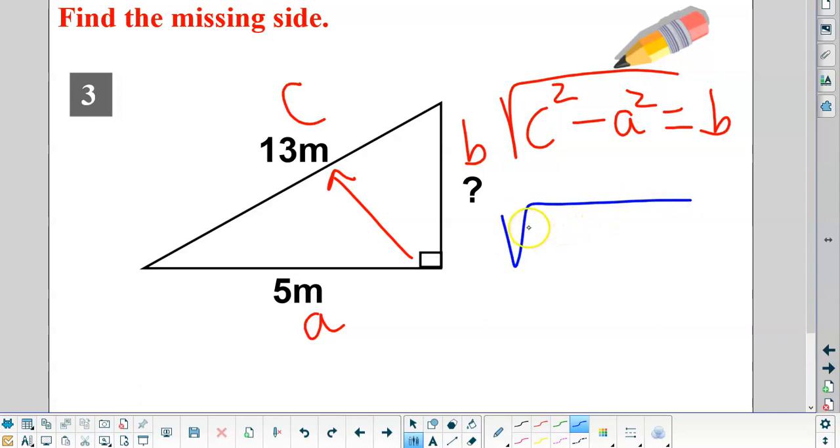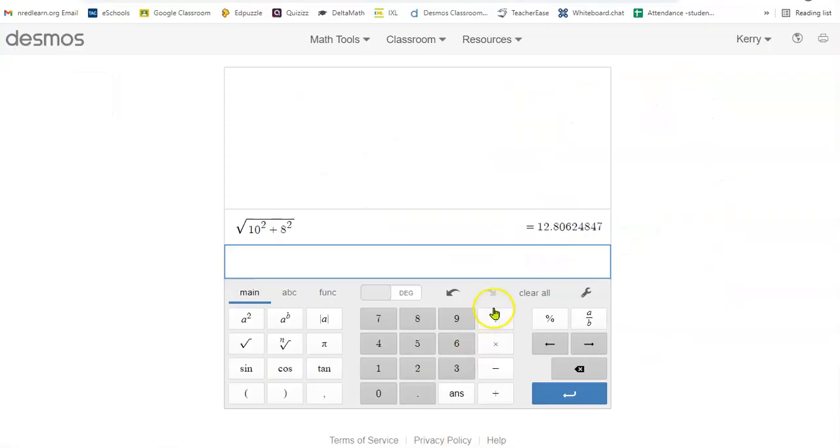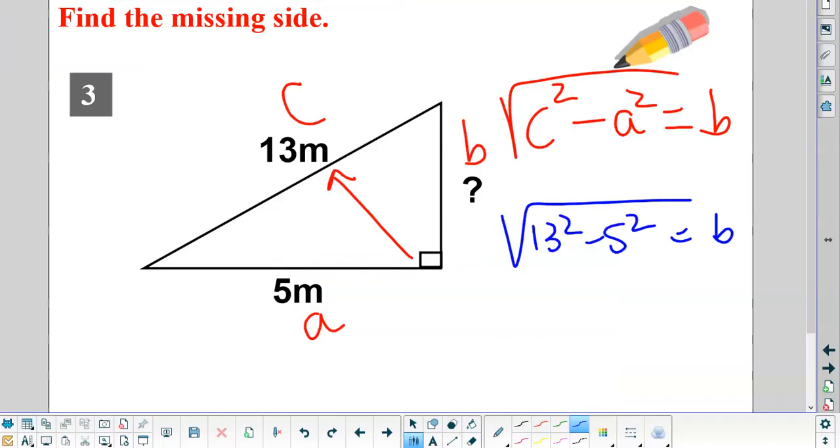So we need a large square root sign with a 13 squared minus 5 squared. And that will give us our answer. 13 squared minus 5 squared. Make sure all of your values are underneath that big, long square root sign. All right, we got a nice answer this time, 12. Sometimes you get integers, and sometimes you don't.